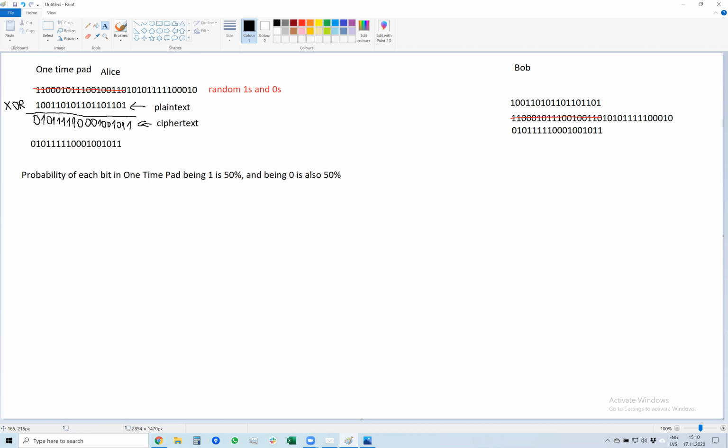And so, since each of these bits has a 50% chance to be or not to be changed, it basically mimics the randomness of the one-time pad.